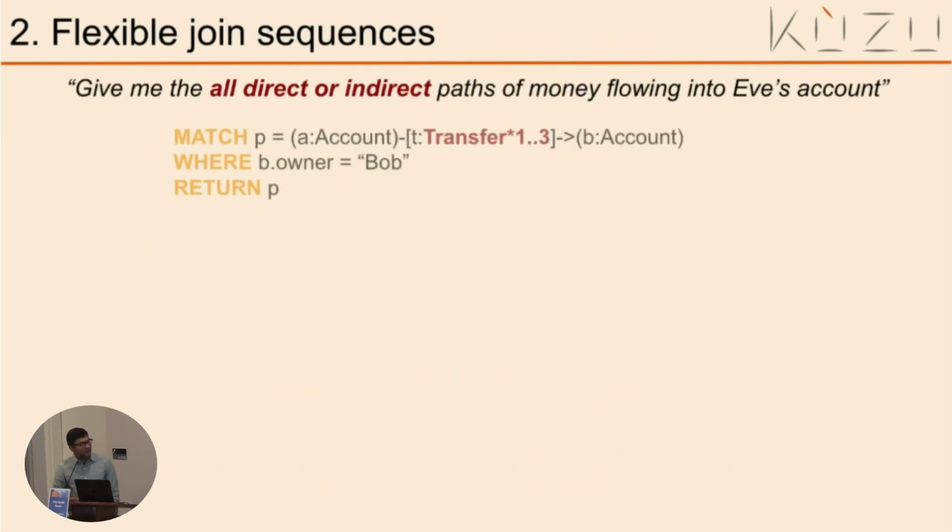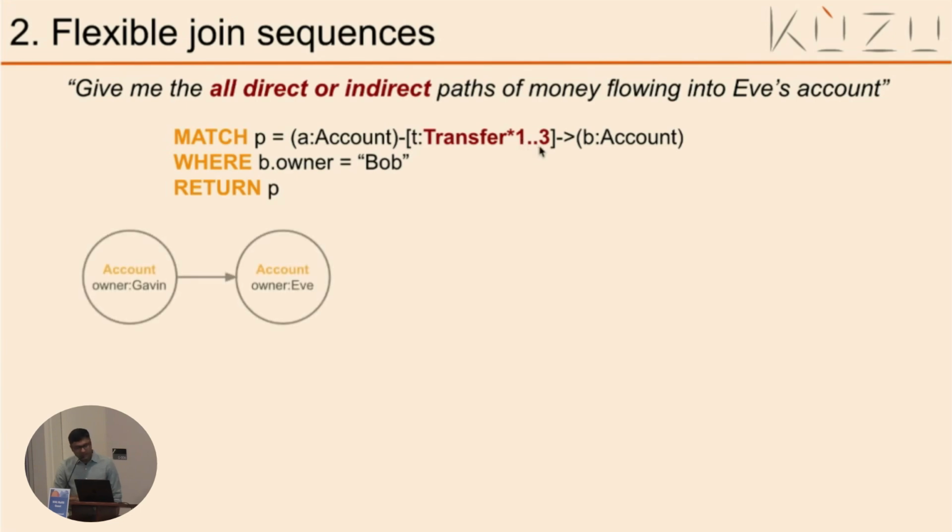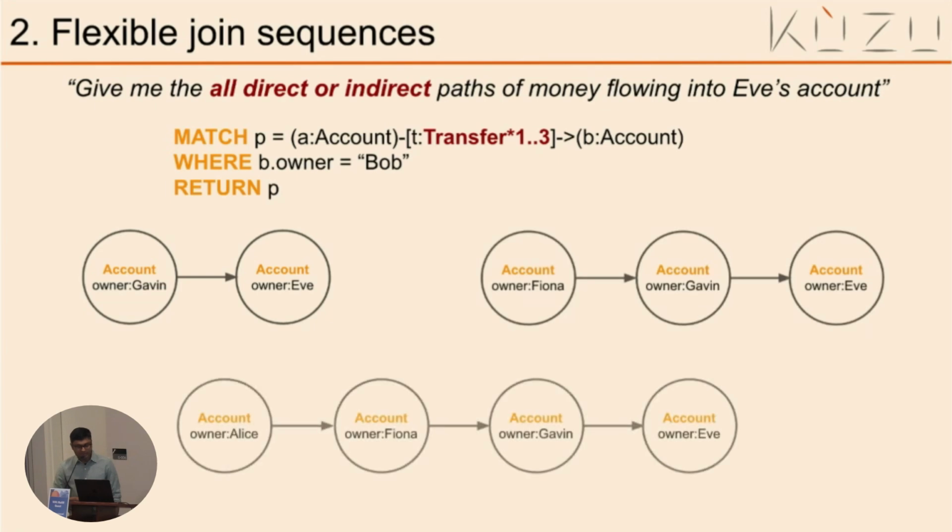The other interesting thing about Cypher is flexible join sequences. Say you modified that question just a bit. You say, give me all direct or indirect paths of money flowing into another person, Eve's account. This time I use this clause. I say match account, transfer star 1..3. What this dot syntax says is lower bound and upper bound of the length of that path. And this is an example of what we mean by flexible.